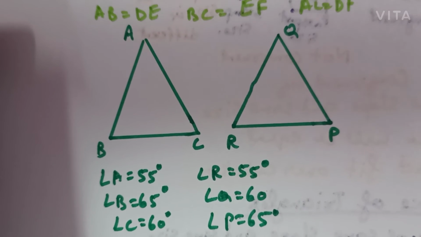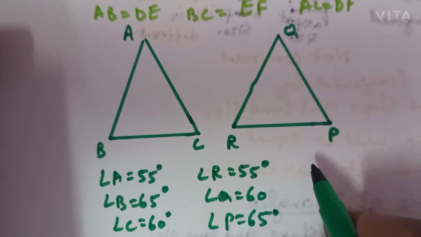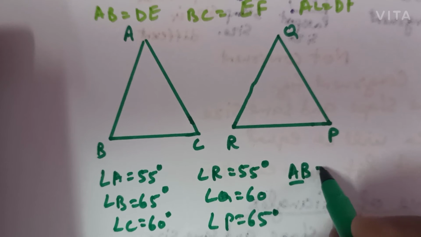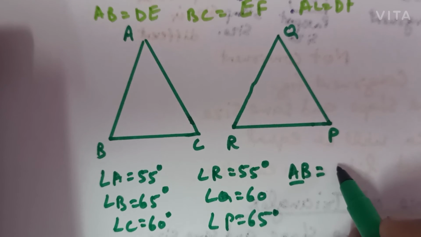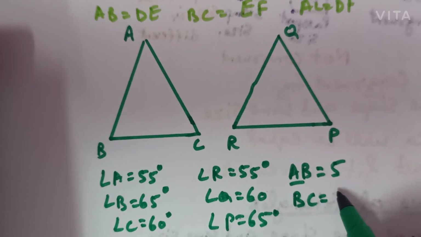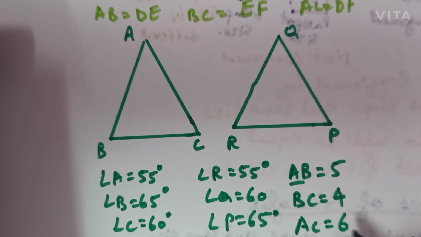And the line segments are given: line segment AB is equal to 5 units, BC equals 4 units, and AC equals 6 units.